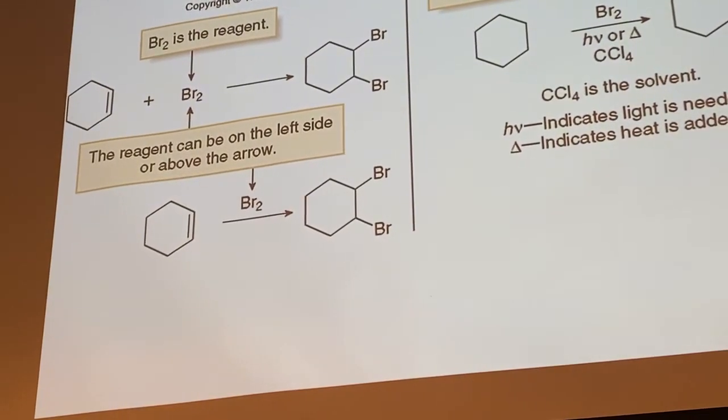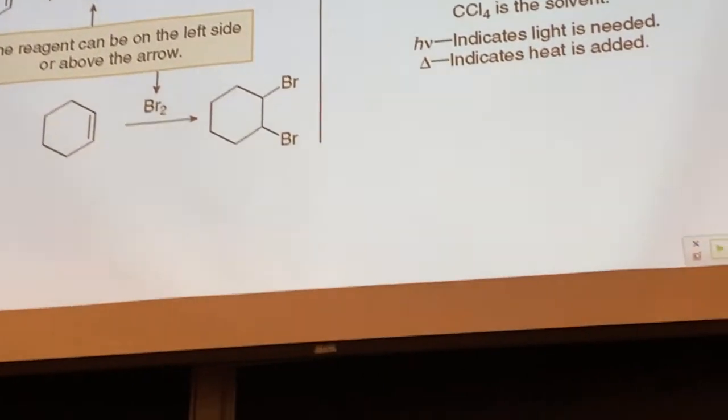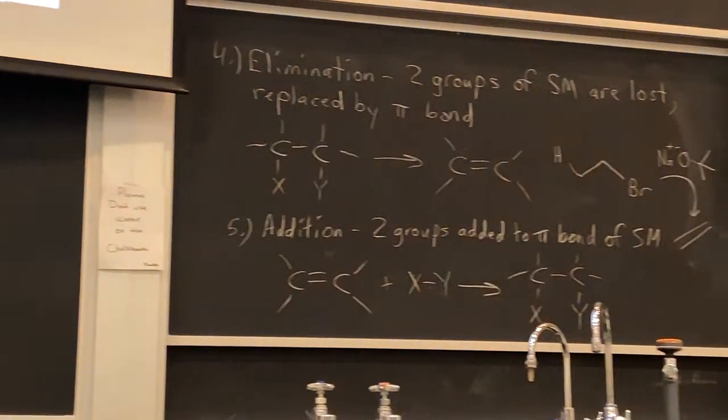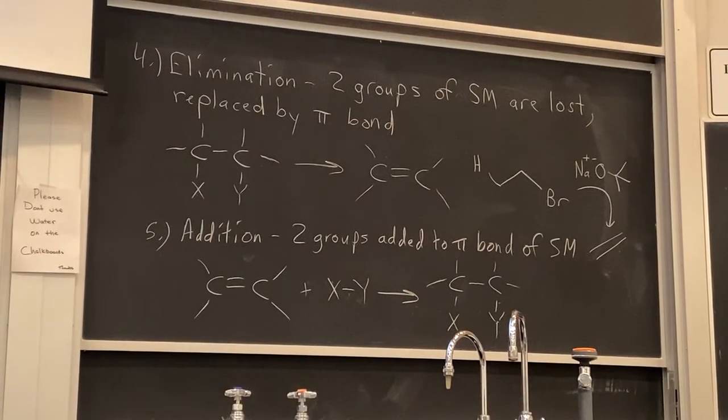Any questions about our five types of reactions? There will be a handful of reactions that don't fit very well into these categories, although the vast majority of the ones that we'll learn in class will. And then as Claire mentioned, there will be some reactions that would fit into multiple categories.